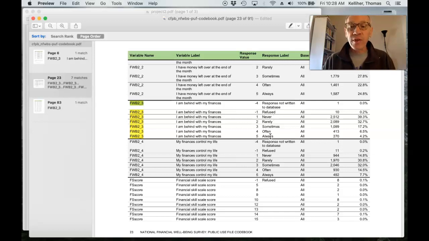As we've seen with the NSFG data, the values in the fields will be numeric. This is the meaning of the numbers. These negative values: someone either didn't answer the question, perhaps, is -4. -1 is refused. The person refused to answer the question.